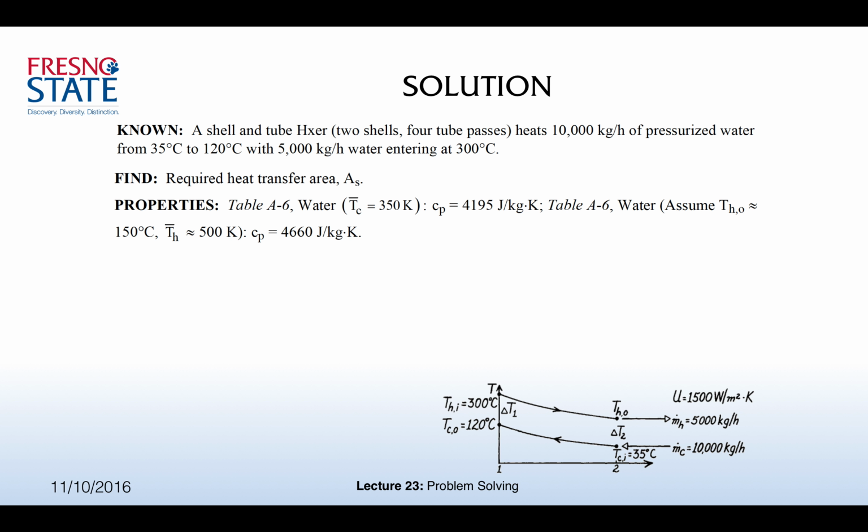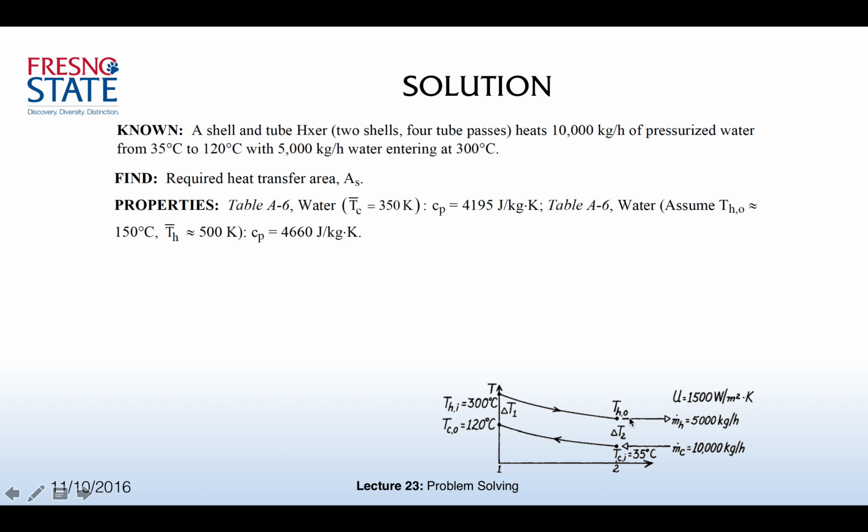Same thing is going to be done for the hot water stream, but the problem here is that we only have the inlet temperature. So in order to find the average temperature, T_h average, you need to assume a value for T_h,out.